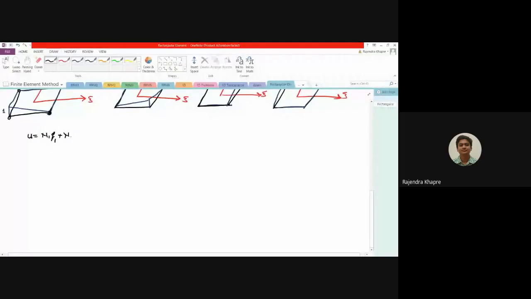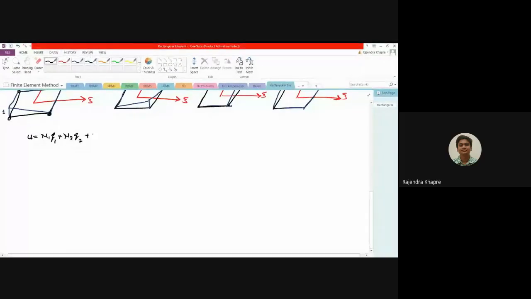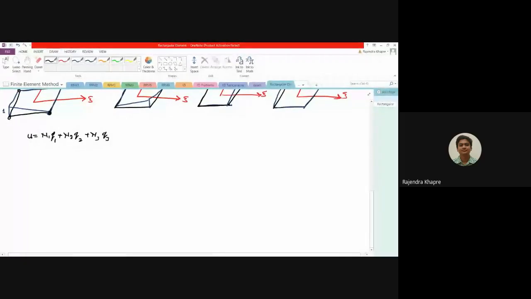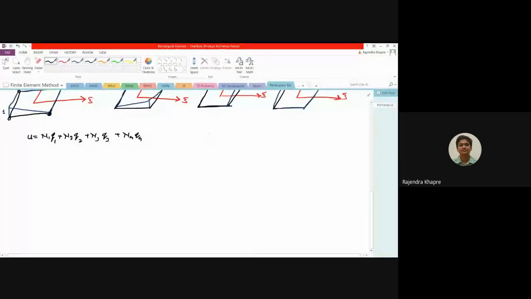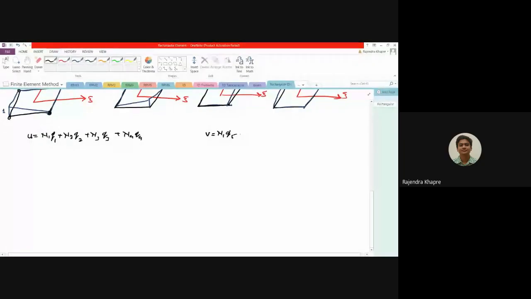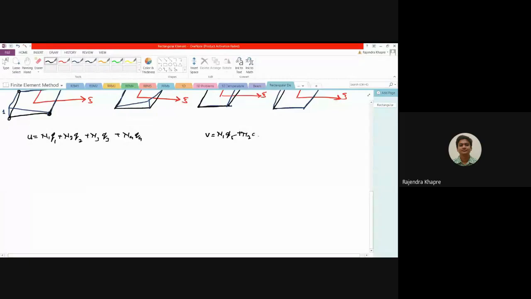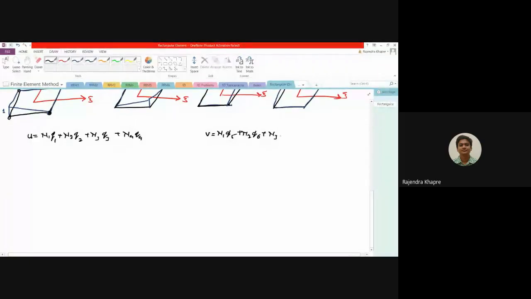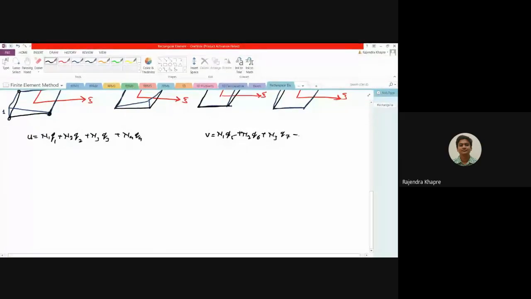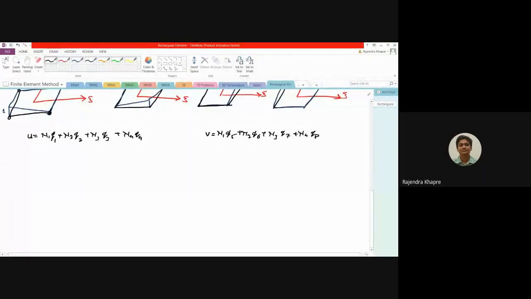Then we can have n2 q2 plus n3 q3 plus n4 q4. Similarly, v can be written as something like n1 q5, n2 q6, n3 q7 plus n4 q8. Okay, so these are the shape functions, these are the displacement polynomials, right?